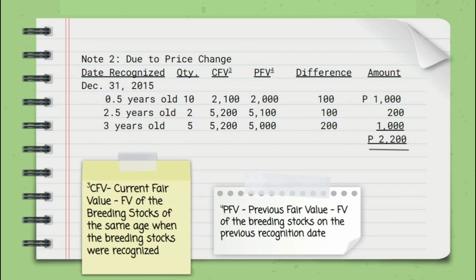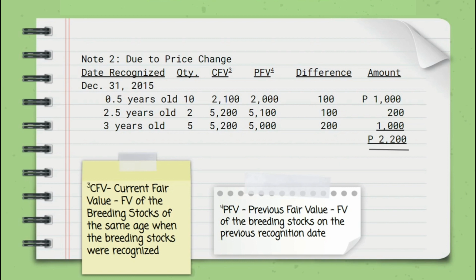And they also acquired two 2.5-year-olds, which has the difference of the current fair value and previous fair value of 100 pesos. When multiplied by 2 will give us the amount of 200 pesos.